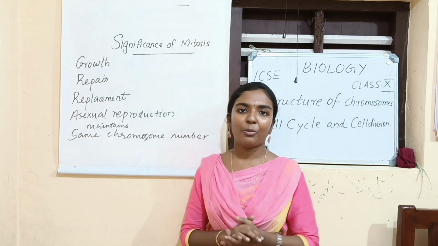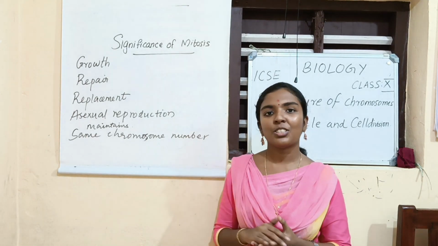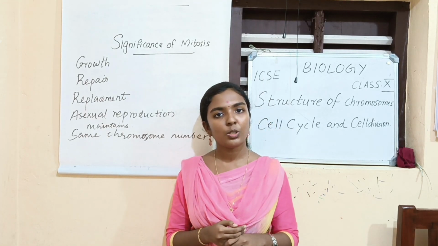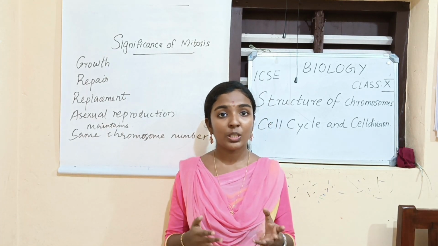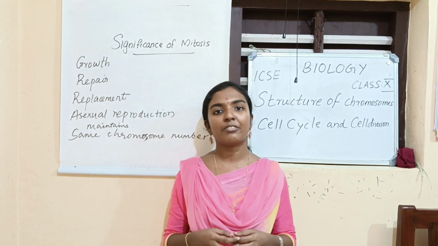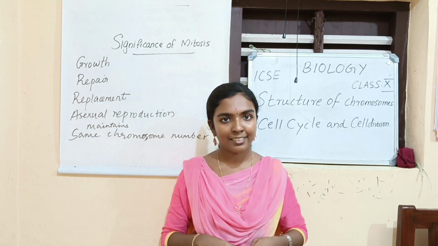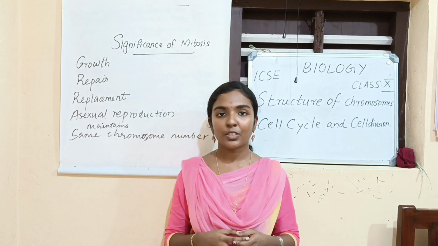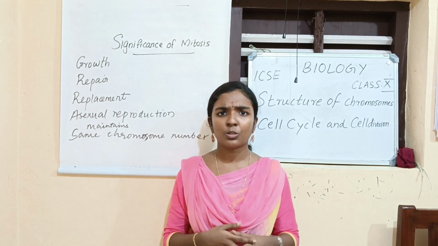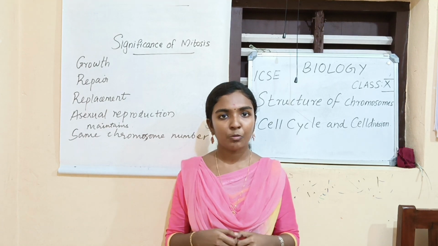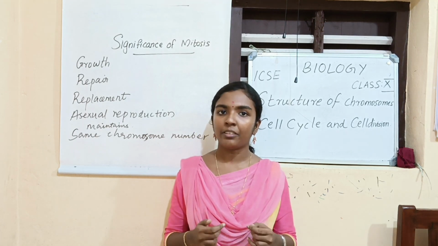So that's about today's class. What did we learn today? We learned what is meant by a cell. A cell is the structural and functional unit of all living organisms. What's the need of cell division? Why do new cells need to be produced? For growth, repair, replacement and reproduction.